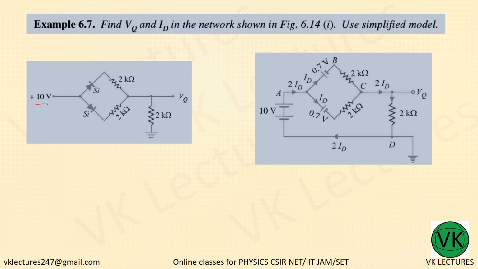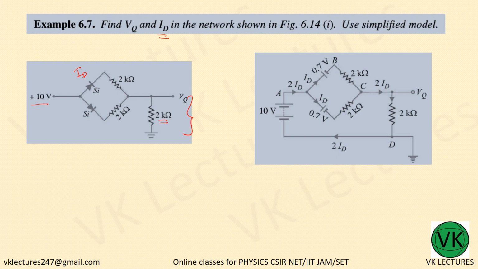Now the question is, you have to find VQ. VQ is with respect to ground, this voltage, that is nothing but the current into the resistance 2K, the current passing through the 2K resistance, the product of that will give you VQ. And before that we have to find out ID, the current through the diode.